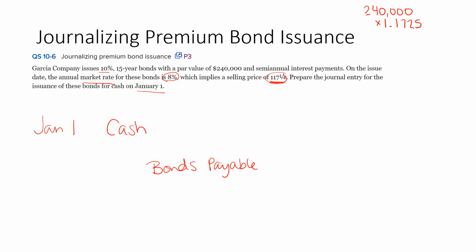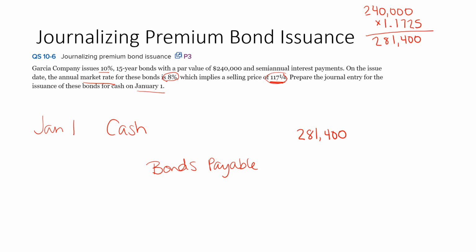And that's the decimal value, the percentage value of 117.25. So when we multiply that, that's going to give us the cash price of $281,400. So that's the amount that the bonds actually sold for. So we debit cash for that amount, $281,400.